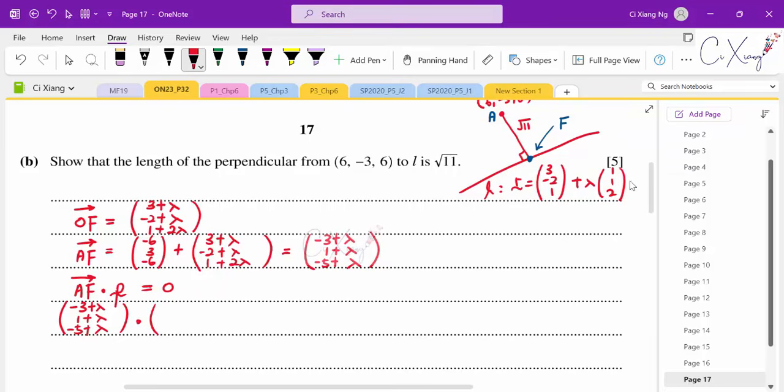Like what I told you just now in part A, it should be this part only, which is 1, 1, 2. So I'm having 1, 1, 2, then equals to 0. Dot product means x multiplied with x, so you're having -3 plus lambda, then plus y multiplied with y, so plus 1 plus lambda, then plus z multiplied with z, so you're having -10 plus 2 lambda, and it is equal to 0.